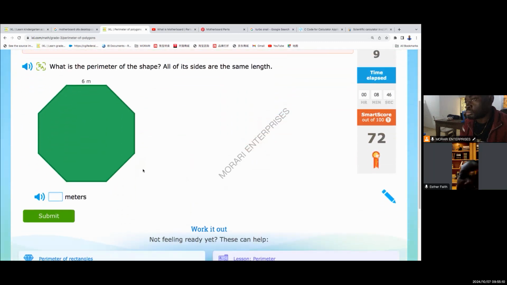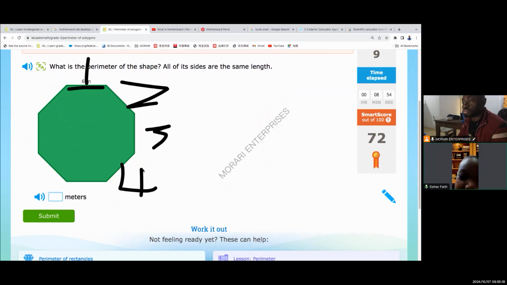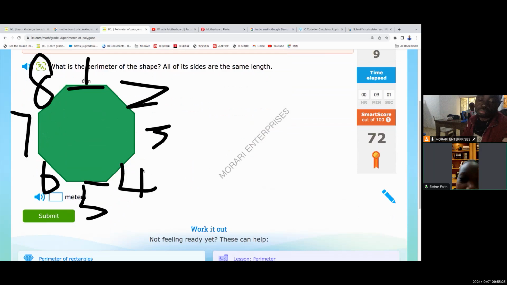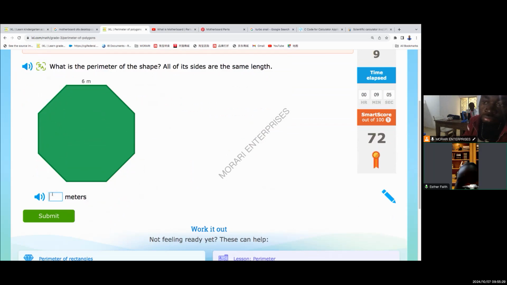What is the perimeter of the shape? All its sides are the same length. 1, 2, 3, 4, 5, 6, 7, 8. 48 meters.